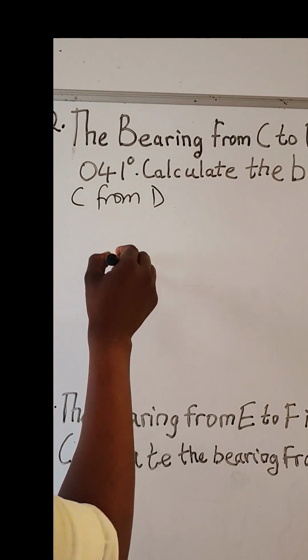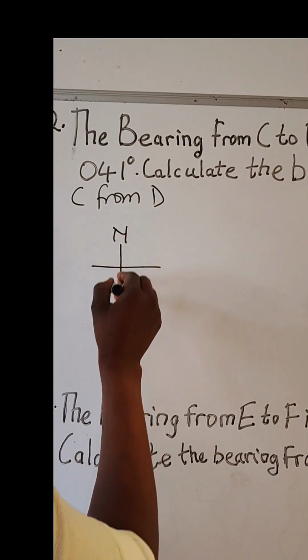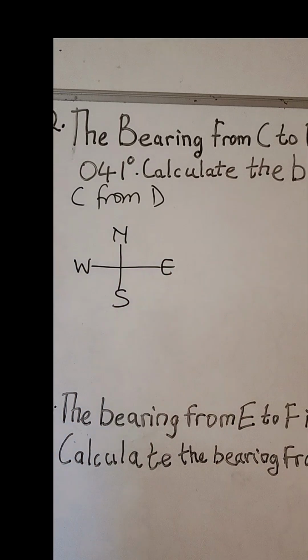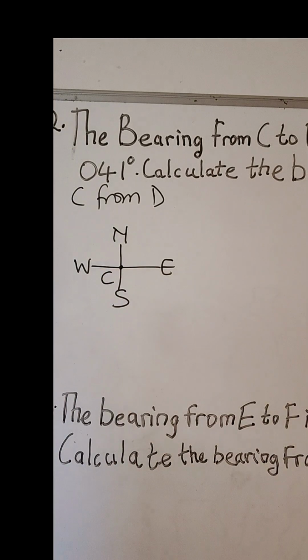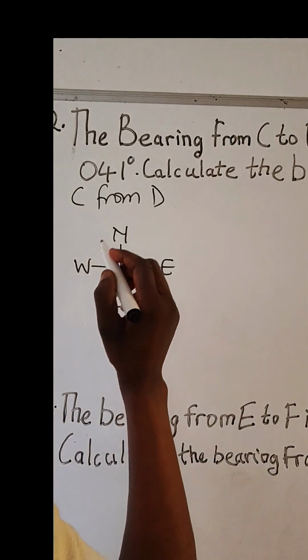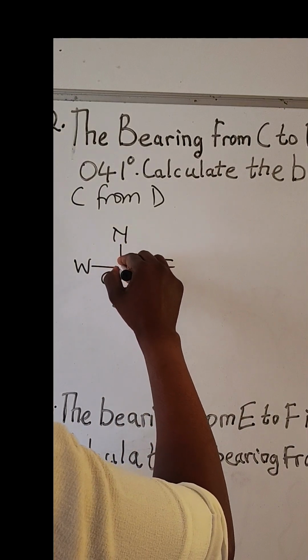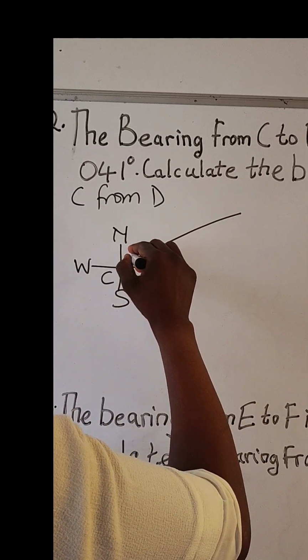So I draw the 4 cardinal points: north, south, west, east, and this is point C. The bearing from C to D is 41 degrees. I'm going to move from north in a clockwise direction.